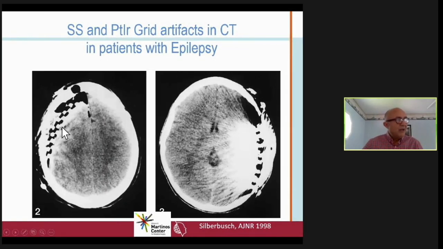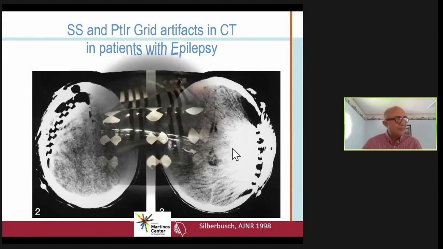Even more visible is the effect on a CT, and this occurs because the implant material is made of a metal which is extremely dense and blocks the penetration of the X-ray of the CT, producing this kind of artifact, which makes these images completely unusable for radiology.